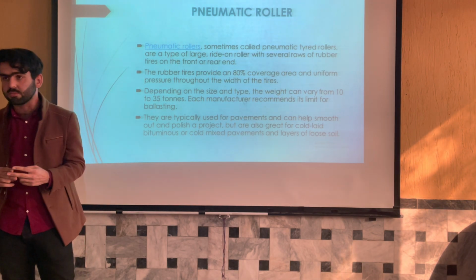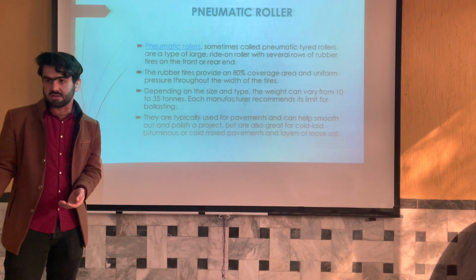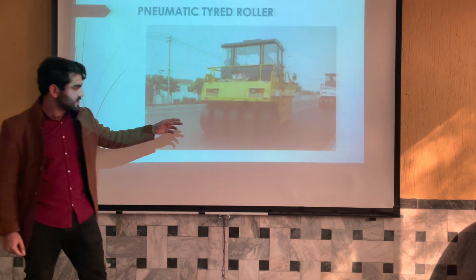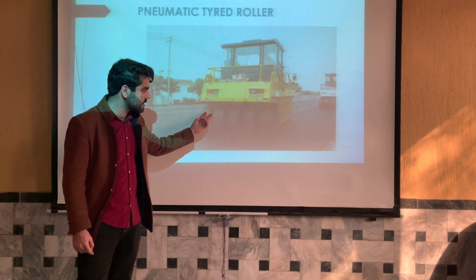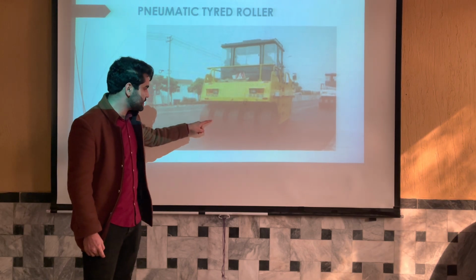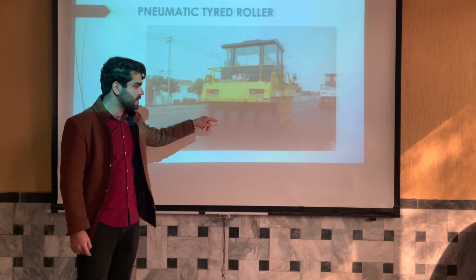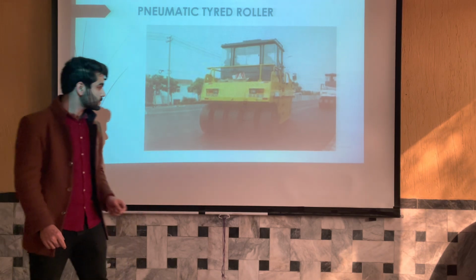But their arrangement is done such that they are able to cover the whole surface. We see that there are spaces between the rollers. So actually, the back tires are located such that this space is filled up, and the ground between these is also compacted.